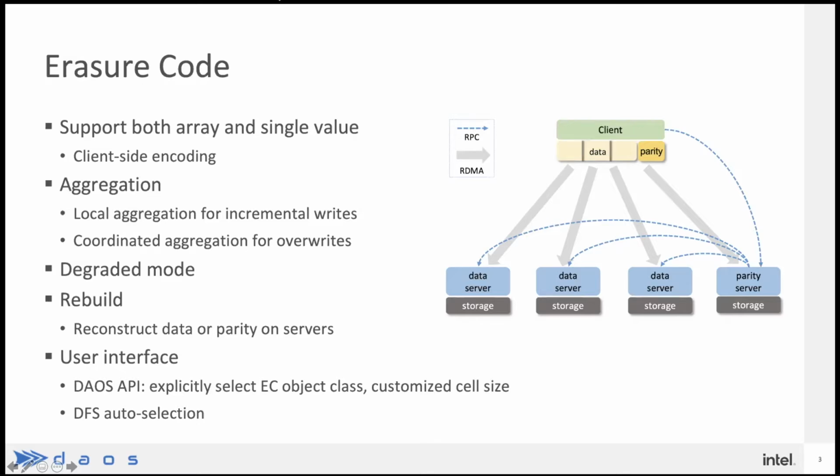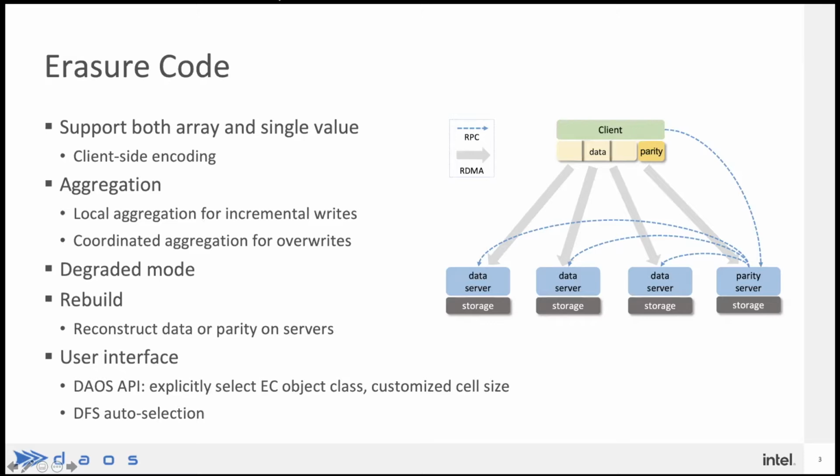We have to read two data shards and one parity shard to reconstruct the missing piece. But after rebuild, the application and DAOS client can exit from the degraded mode and recover to the normal performance of the system.